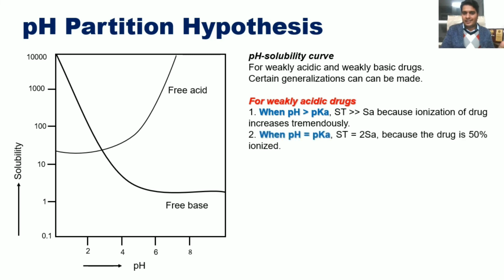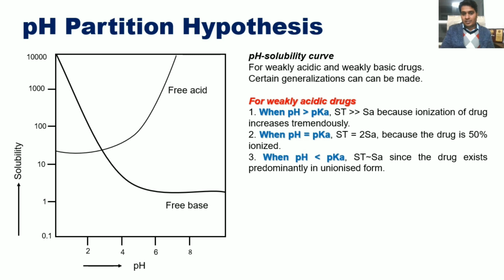Now in the second case, when the pH is equal to pK, then the total solubility of the drug will be equal to 2 times the intrinsic solubility, because the drug is 50% ionized and 50% unionized. That is why ST will be equal to 2 SA. Now in the third case, when the pH is less than pK, then ST will be approximately equal to SA, the intrinsic solubility of the drug, since the drug exists predominantly in the unionized form.